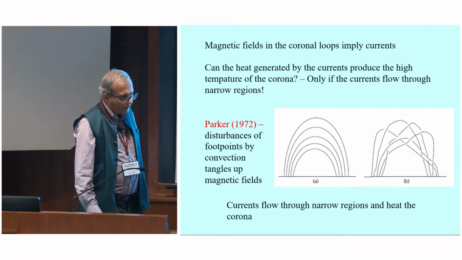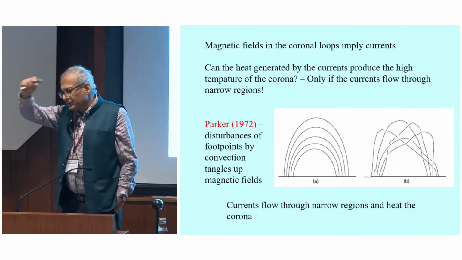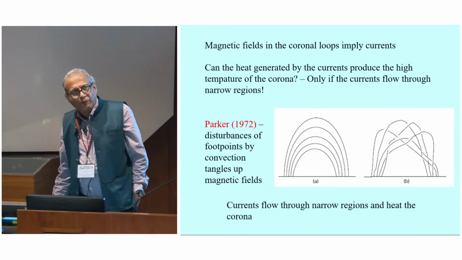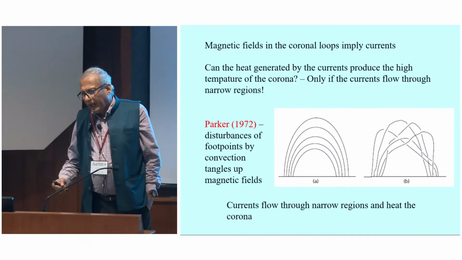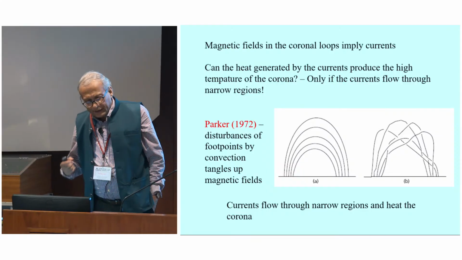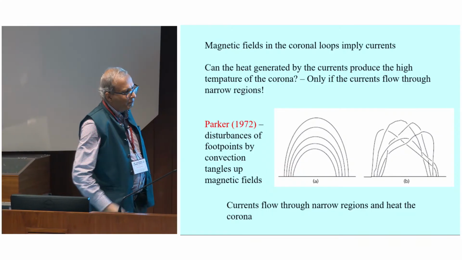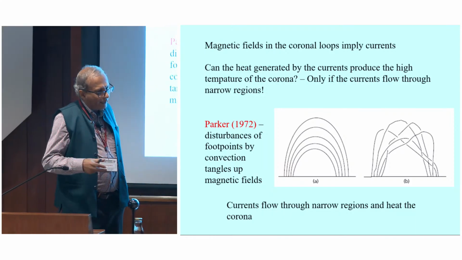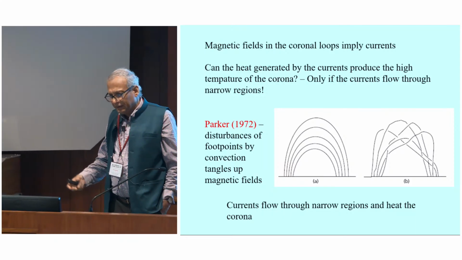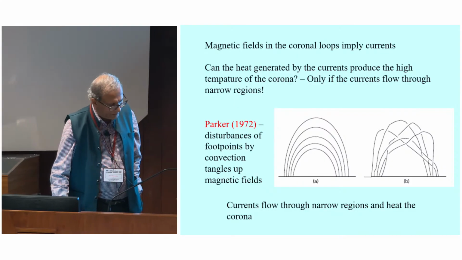You all know that when a current flows through a metal wire, it gets heated because of ohmic heating, and certainly the existence of magnetic fields in these loops implies that there must be some currents in the loops. So could these currents flowing through the loops heat up the loops?